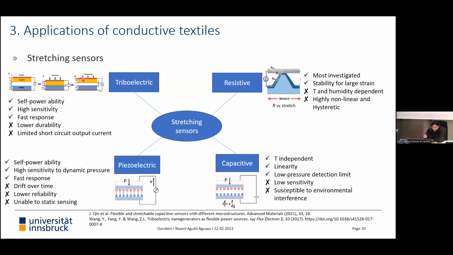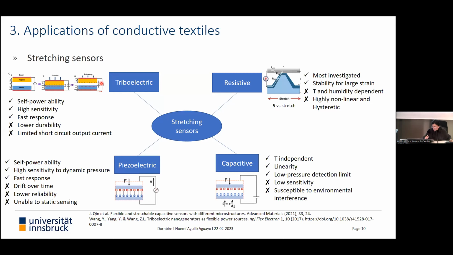And when we separate these materials, this distribution of charges could create some current to reach equilibrium. And this is what we will measure. So it also has the ability to be self-powered. It has high sensitivity and a fast response, but the durability is also low, and this current is also very limited.